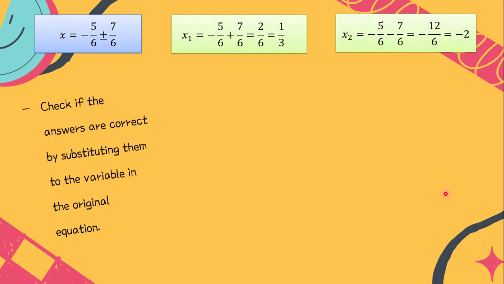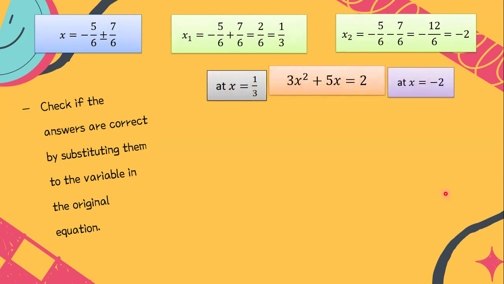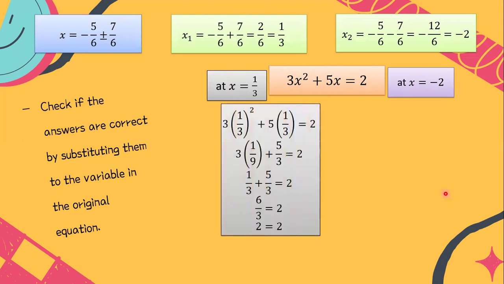We check if the answers are correct by substituting them to the variable in the original equation. So we have this original equation. Let's first check if x is equal to 1/3. So substitute that to the given equation. We have now 3 times 1/3 squared plus 5 times 1/3 is equal to 2.